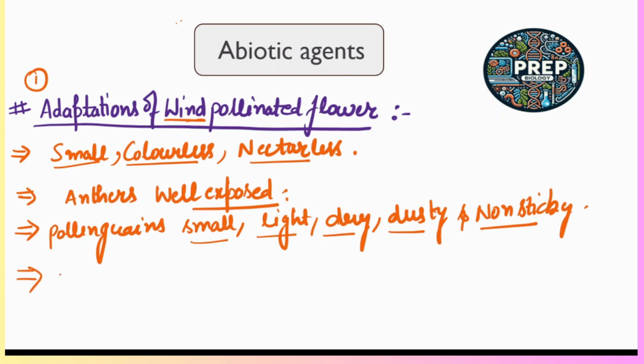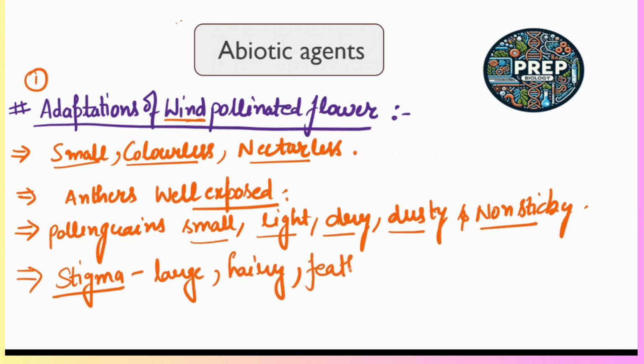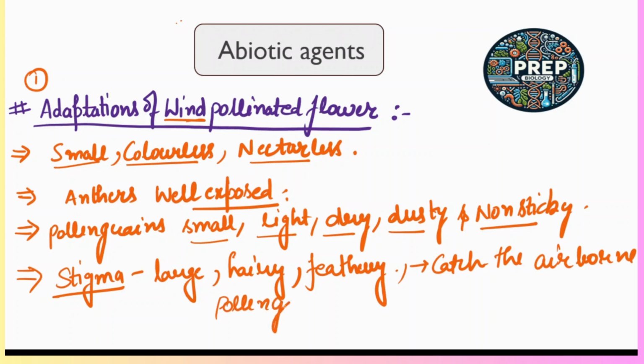Next is the stigma. The stigma are large, hairy, sometimes feathery, so that it can catch the airborne pollen grains. If the transfer of the pollens occurs with the help of wind, what is the structure of the stigma?